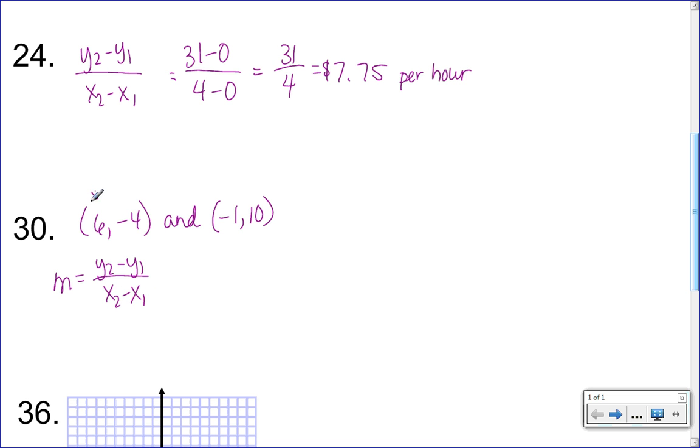And if it helps, you might want to label the points x1, y1, x2, y2. So when we plug our numbers in, that's 10 minus negative 4, and then negative 1 minus 6. 10 minus negative 4 is 14. Negative 1 minus 6 is negative 7. And divide those, we get negative 2.